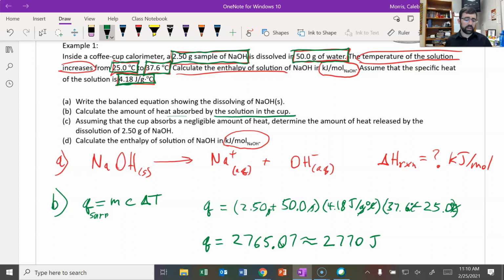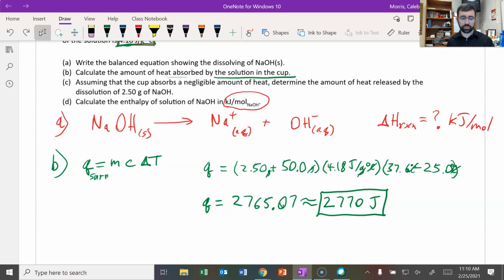Now, if you didn't get the same answer as me when you worked through this, you might want to follow your order of operations, do your addition in parentheses first, and your subtraction in parentheses first, and then go back and see if you get the same answer. All right, that's the heat that was absorbed by the surroundings.